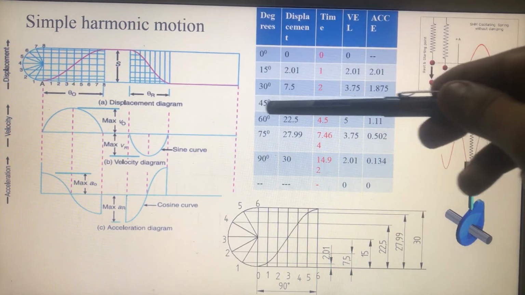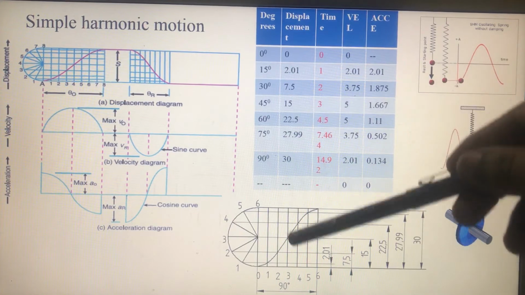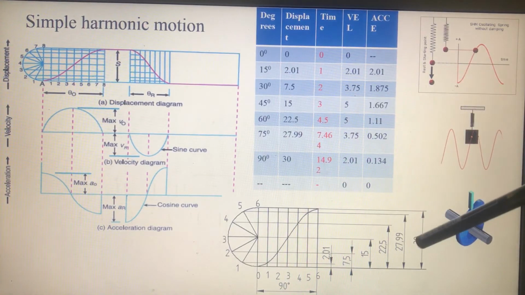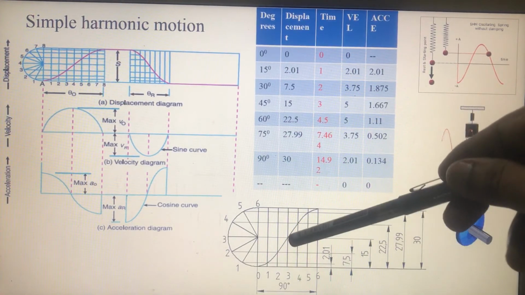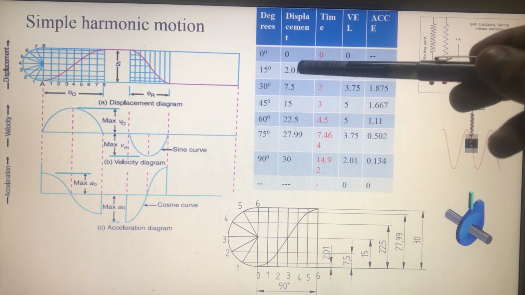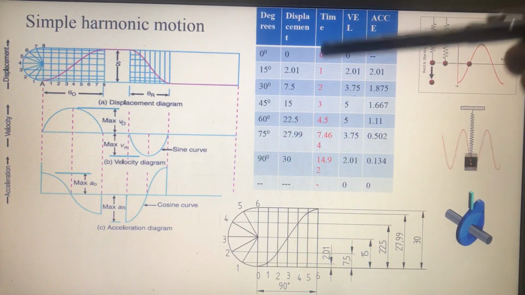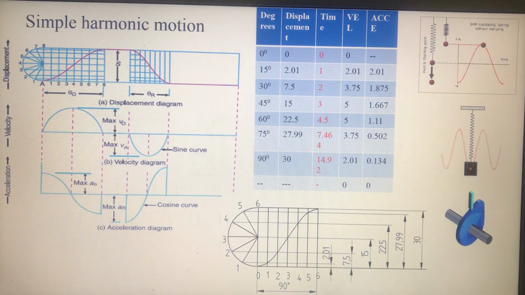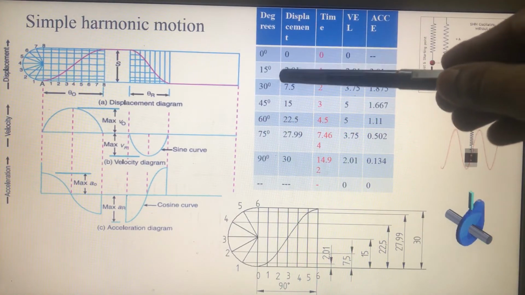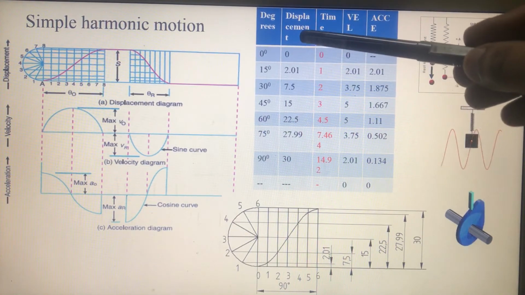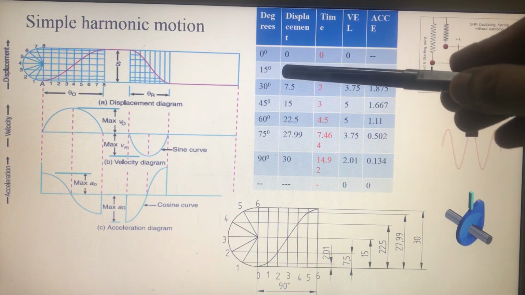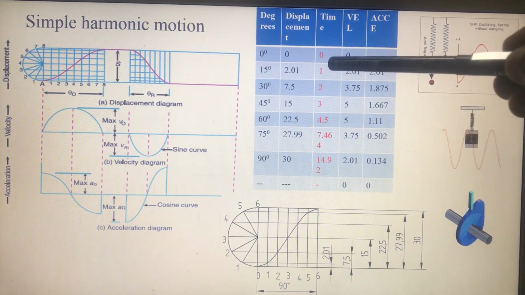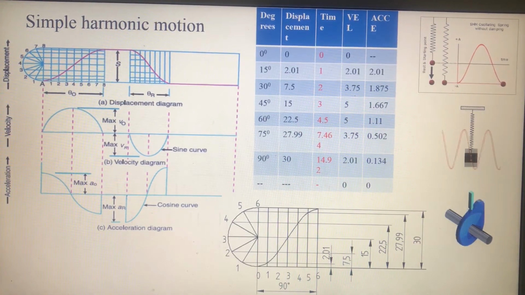This is for the first half of the cycle, right? Because 15 mm is half of the 30 mm lift. In the first half of the cycle, if you observe these data, from 0 to 2.01, the displacement is 2.01 for 1 second, correct?